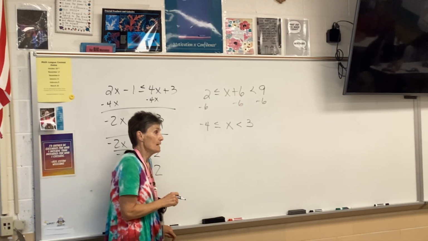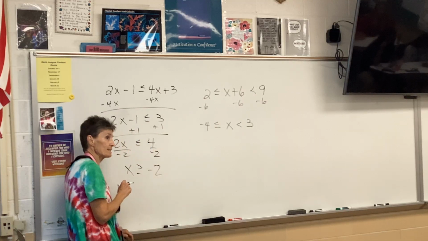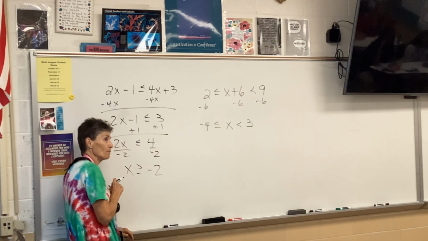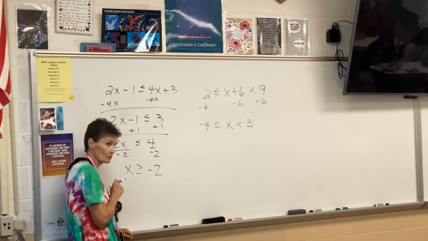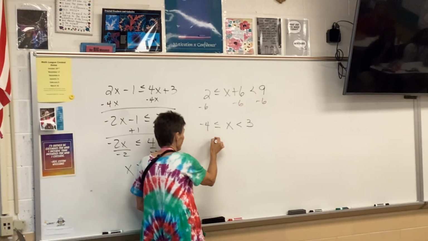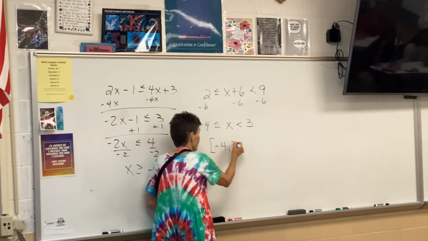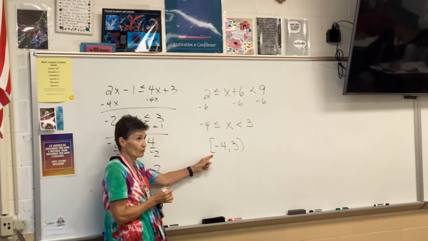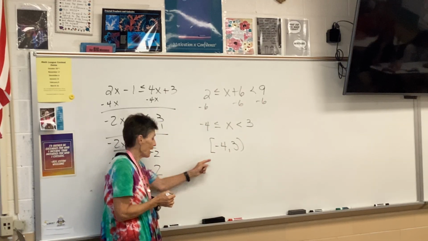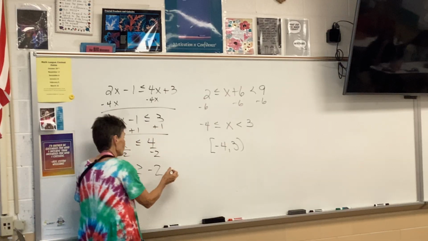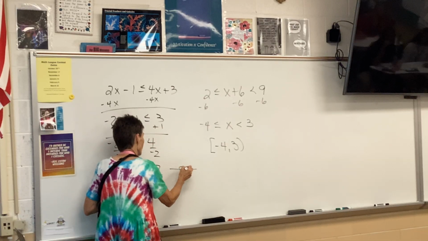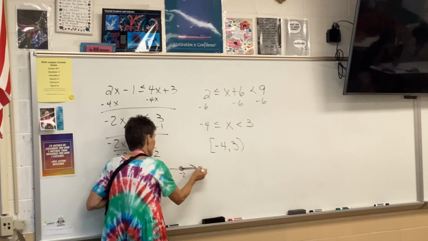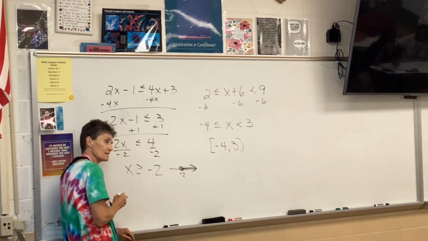Now, as you guys say, my bad, we should get the habit of writing these as intervals. So as an interval, remember from a few days ago, brackets and parentheses, this answer would be written this way. Would you agree? How about this one? X is greater than or equal to negative 2. Who can tell me how that will be as an interval?